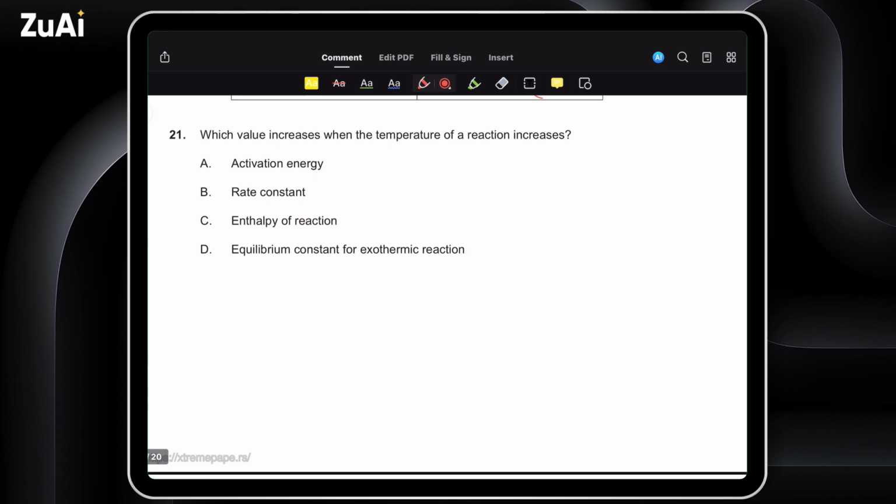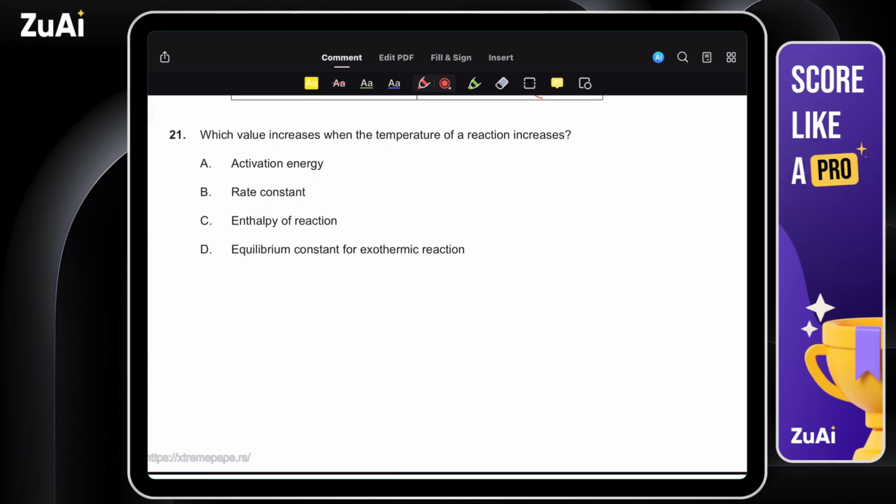Which value increases when the temperature of the reaction increases? You know, activation energy, when it is low, then the rate... So temperature is not linked with activation energy, because activation energy changes by catalyst. That's why A is wrong. Rate constant, enthalpy of reaction.